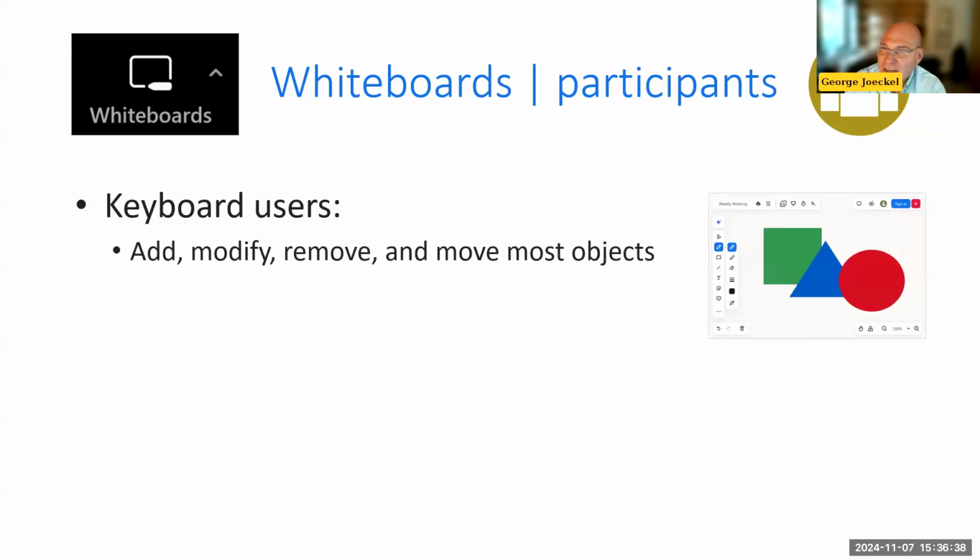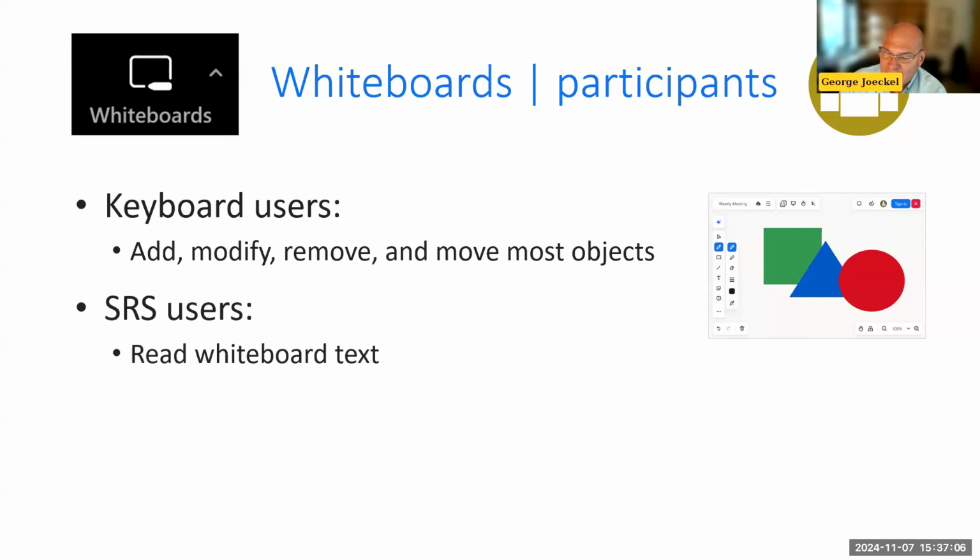So I have a screenshot here, and it has an example of a whiteboard where there's a green square, a blue triangle, and a red circle. And those could all have been created with a keyboard. You wouldn't need a mouse or a touch screen to drag those shapes out. Now, screen reading software users can read whiteboard text.